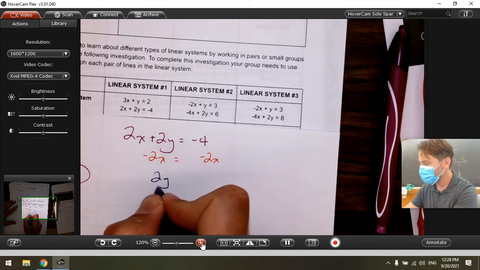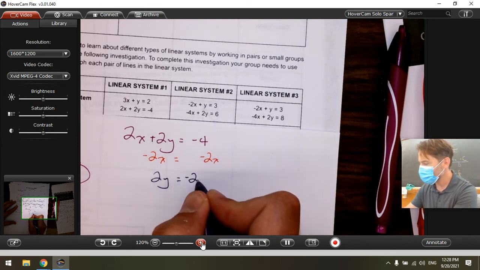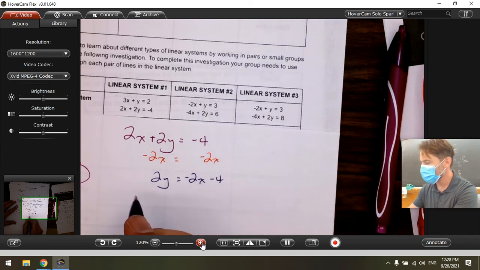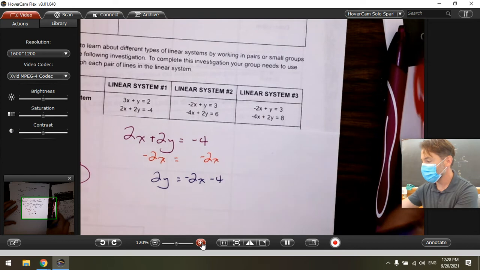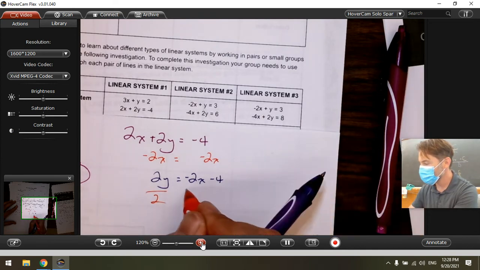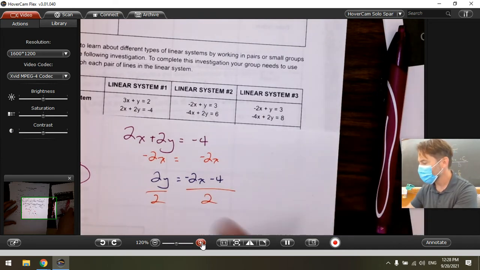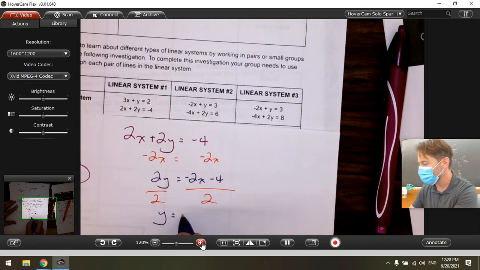So I have 2y is equal to negative 2x minus 4. Now I'm going to divide both sides by 2. I'm going to divide both sides by the coefficient of y. That gives me y is equal to negative 2 divided by 2 is negative 1, so negative x. Negative 4 divided by 2 is negative 2. Okay. Now I have my other line.